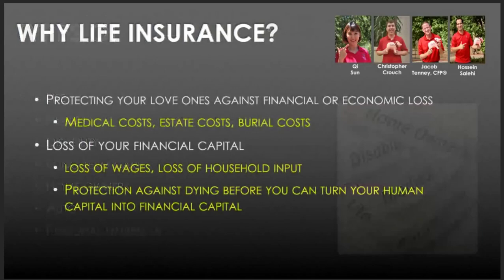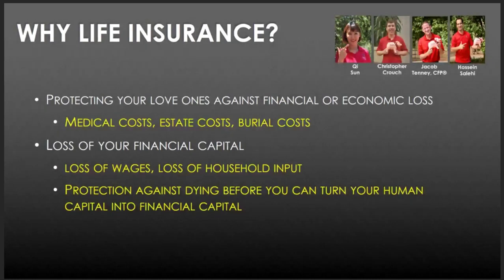So why do we need to have life insurance? There are two perspectives to understand. One is to protect your human capital, which means making up the loss of your financial capital, because your human capital is transferring to financial assets: your wages, your household inputs. That's one perspective.